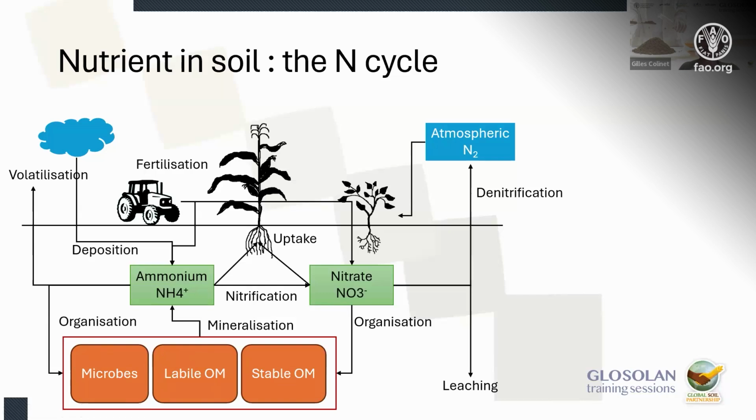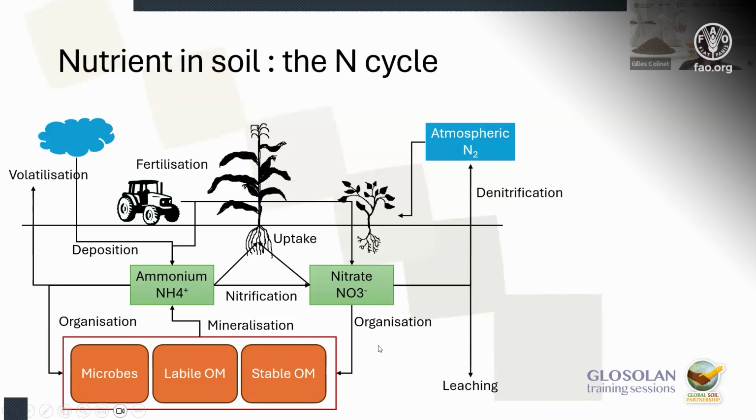The other source of nitrogen is the nitrate, and nitrate can come from fertilization or from nitrification. Nitrification is done by microorganisms in the soil. So there is an oxidation of the ammonium.